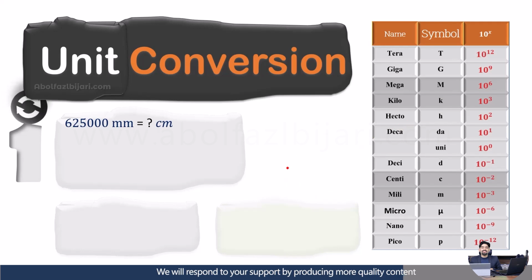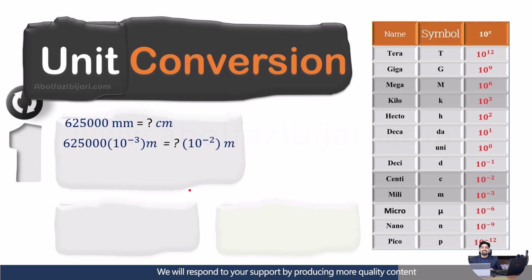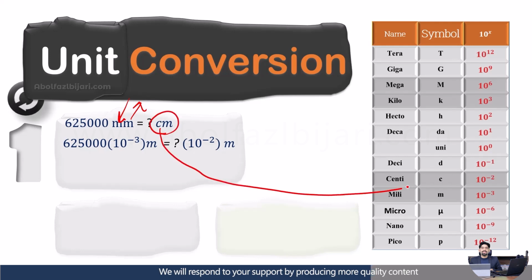Well, let's go back to the question. We want to convert 625,000 millimeters to centimeters. The first letter is the prefix. The second one is the unit. About centimeter, centi: you can see the table and number.